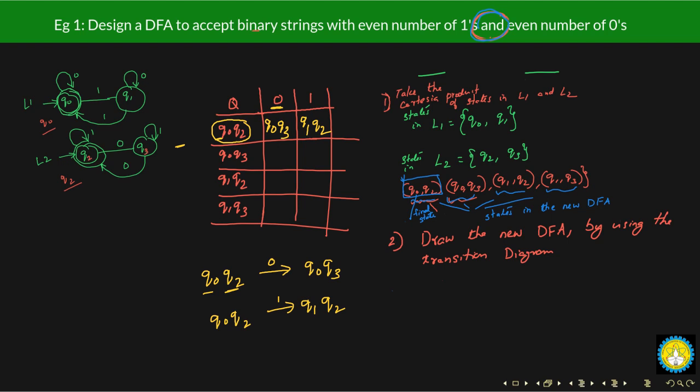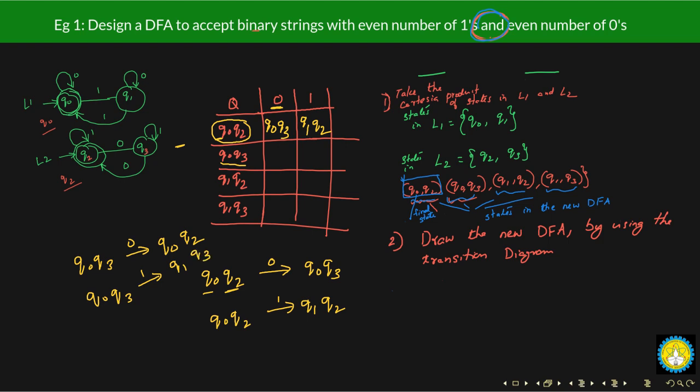So we'll look at Q0, Q3. Upon getting a 0, Q0 goes to Q0 itself, and from Q3, getting a 0 takes you back to Q2. So Q0, Q3 on 0 goes to Q0, Q2. Similarly, Q0, Q3 on 1: Q0 on 1 goes to Q1, and Q3 on 1 goes to Q3 itself.